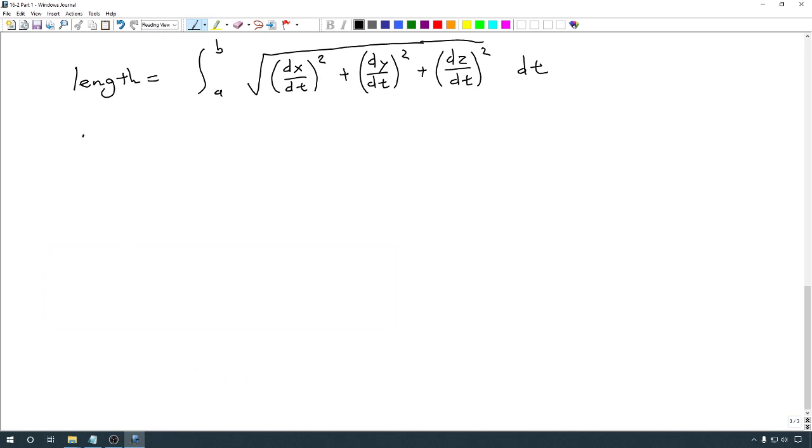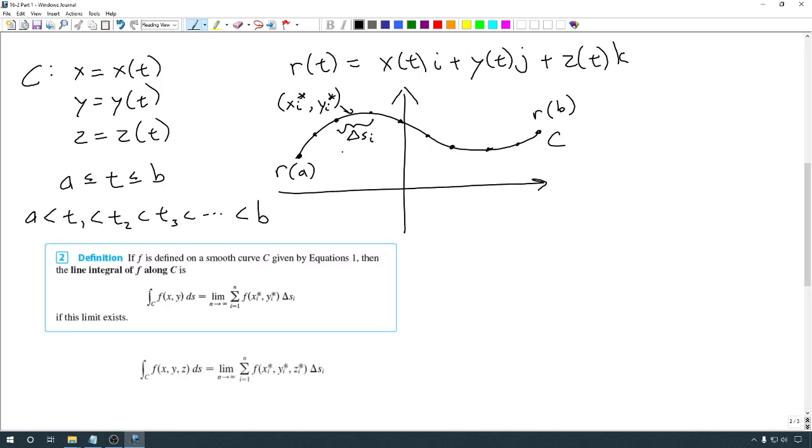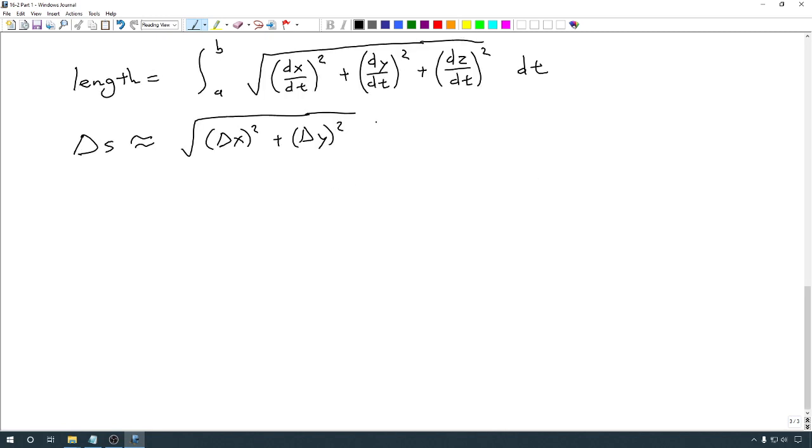Essentially, delta s was being approximated, maybe I should write this as an approximation, as a square root of the small differences in x and y. So if we're estimating this arc length by just the straight line from this point to that point, we have our difference in x squared plus our difference in y squared, and the square root of that.